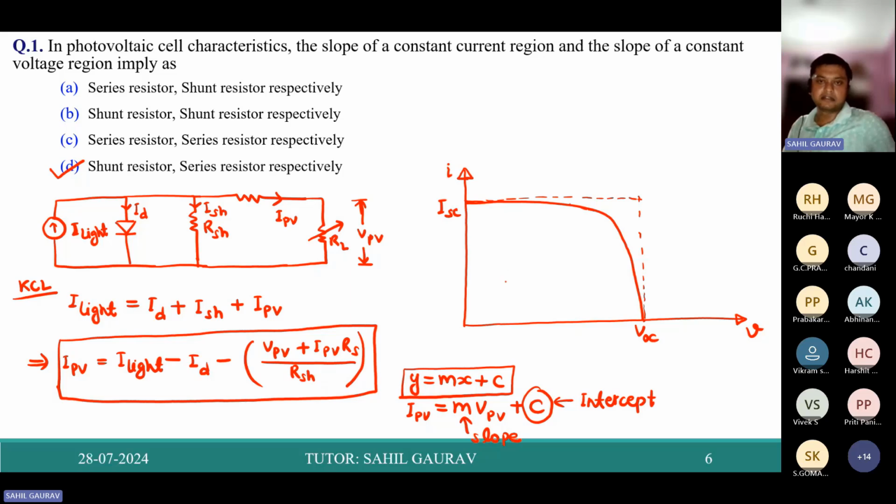And if you are calculating the slope when considering this straight line, then you will get an intercept at short circuit current ISC.